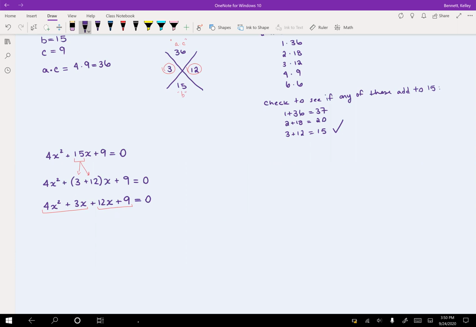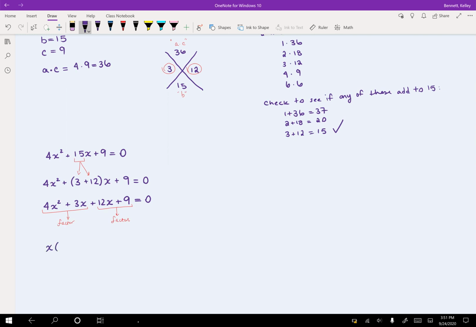And in the first pair, I'm going to factor it just as a pair. So now I'm going to factor this, meaning I'm just going to pull out what's common. So if I have 4x squared and 3x, the only thing that I could pull out of both of these is a single x.